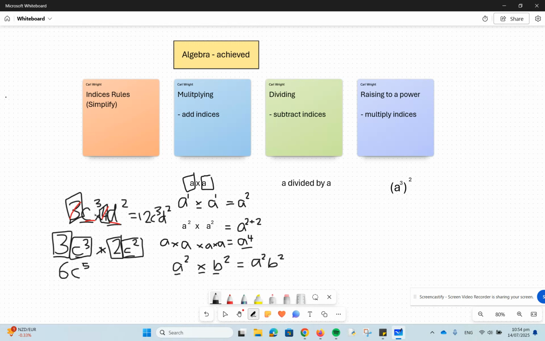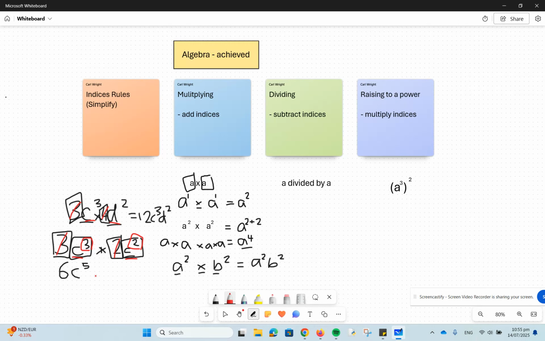But if the base is different, they stay the same. But if the base is the same, in this case they're both C's, then that means we can just add them together. Okay. So do the numbers first, multiply the numbers first, and then if the base is the same, add them.